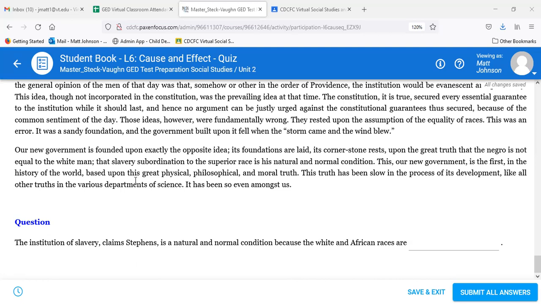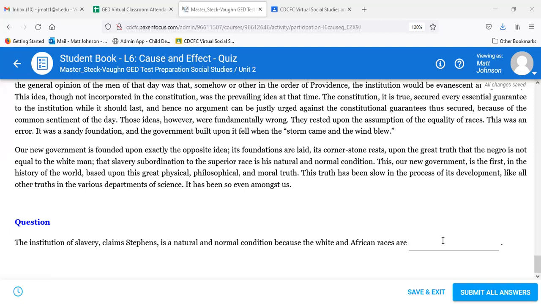How about Grace? Why don't you try number 5? The institution of slavery, claims Stevens, is a natural and normal condition because the white and the African races are not equal. There you go.